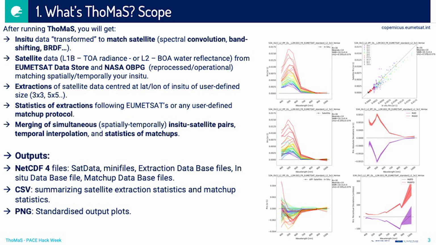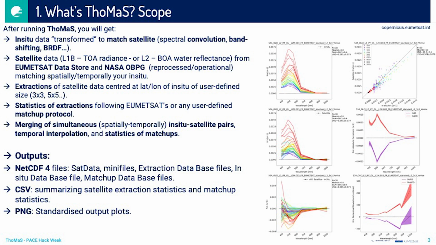So for each of the steps, there are several intermediate NetCDF4 files showing the intermediate results, because anything can fail at any time. For example, you can have some internet issue, so you cannot get the full download of satellite data, or something in extraction. Each of the intermediate steps will record and trace where something could be failing.